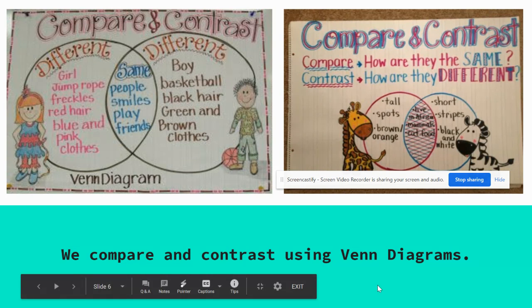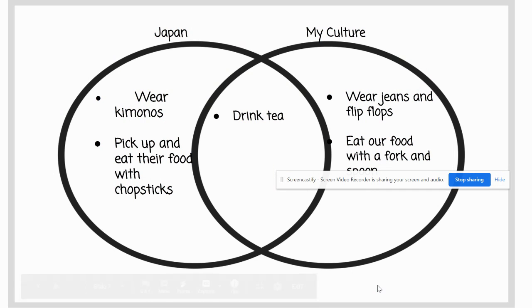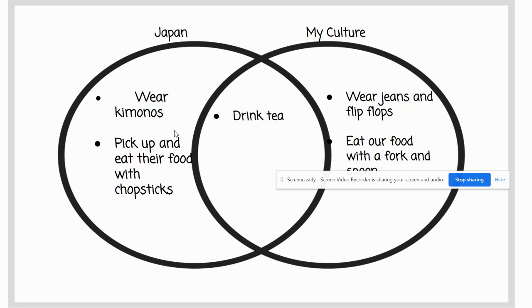So we're going to look at an example. Here's a Venn diagram that has just a couple examples of the Japanese culture and my culture. So if you notice on the outer part of the circle, this part of the circle, we are contrasting Japan and my culture.